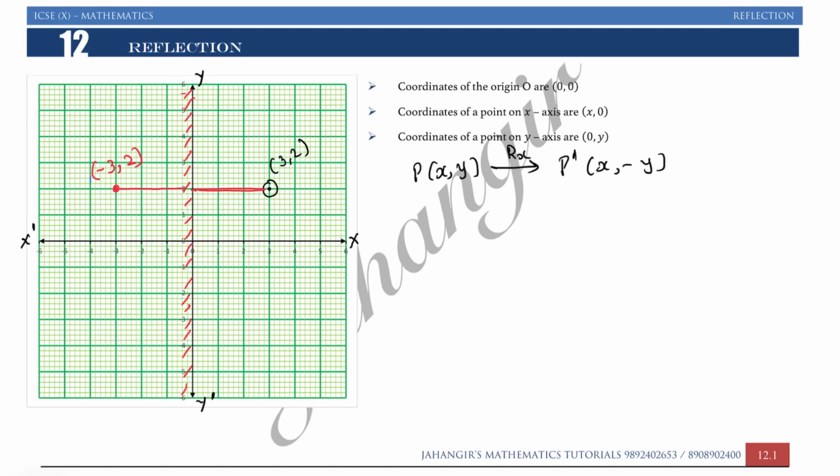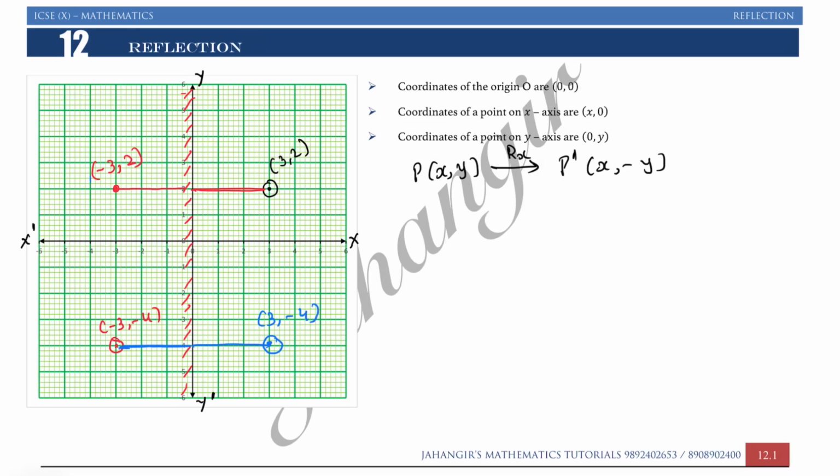In the same way, let's take another point over here, minus 3 comma minus 4. In reflection, the distance between the mirror line and the point is 3 blocks, and the same 3 blocks it will go away. So it will become 3 comma minus 4.